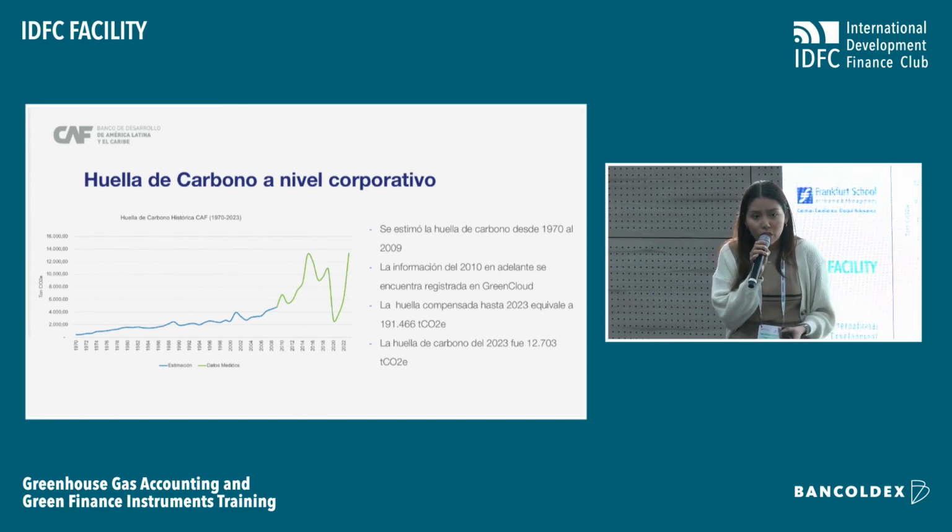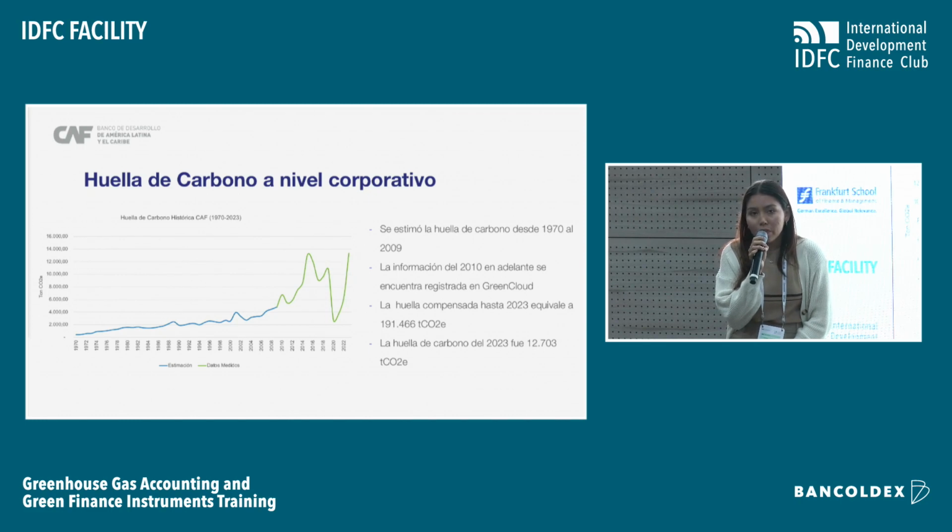The inventory is built according to ISO 14064. And once we have the final audit, when everything is completed, we also add a 5% margin in order to offset our emissions.